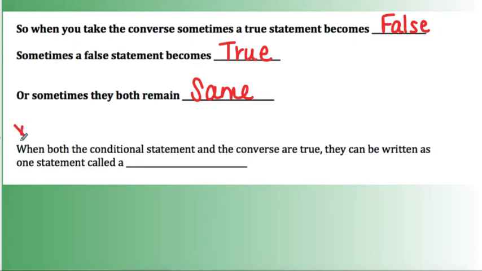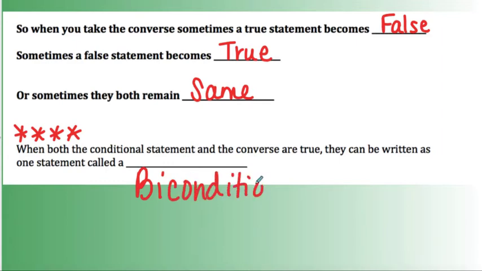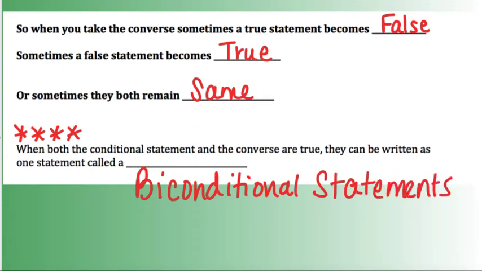But here's something important, pay attention. When both the conditional statement and the converse are true, they can be written as one statement, and that is called a biconditional statement. All definitions can be written as biconditionals, all of them, okay?